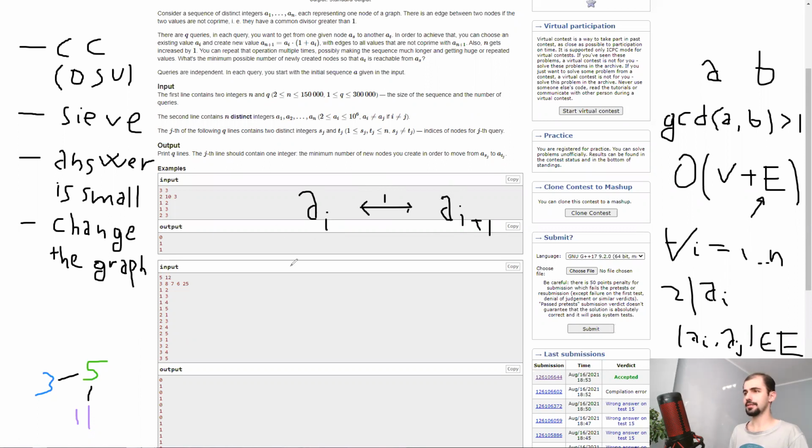Each one of them has O of log divisors, so overall I create log squared edges of cost 1. This is important, that they are of cost 1. And then times q, well, that is okay, because log is an upper bound.